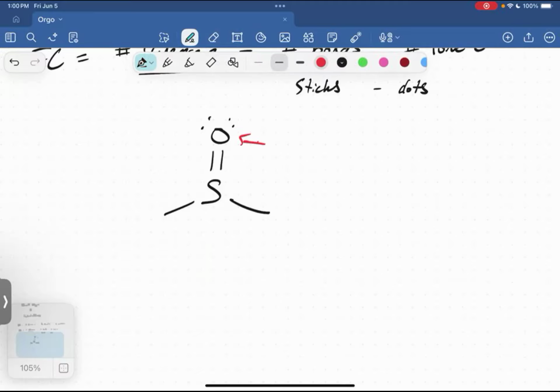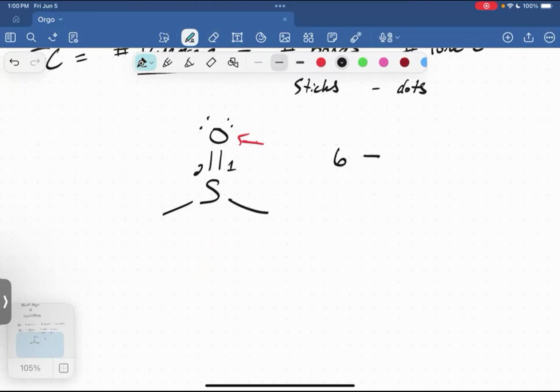The number of valence electrons that oxygen possesses is 6, minus the number of bonds that it's making, which would be 2, minus the number of lone electrons. How many dots is oxygen possessing? 4. We get 0. So that oxygen is neutral.